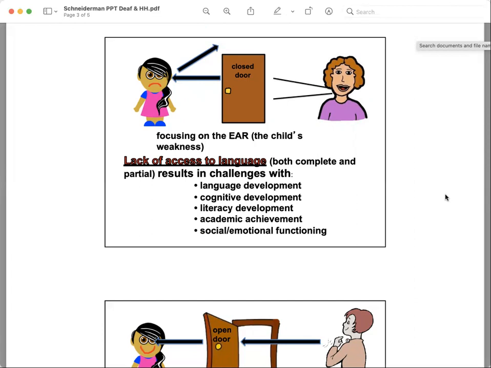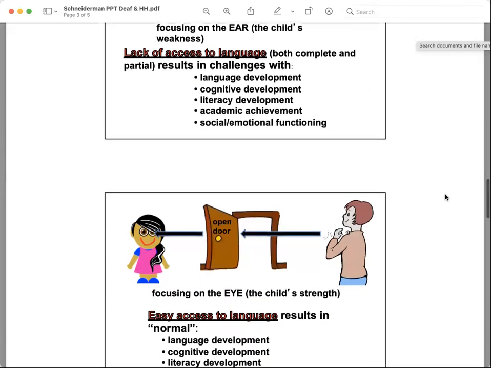The language coming into the child's ear is approaching that closed door as opposed to approaching the open door, which is the eye. There isn't any barrier for information coming in through the eyes. If we would focus on eyes, focus on the child's strengths, then we can create easy access to language.